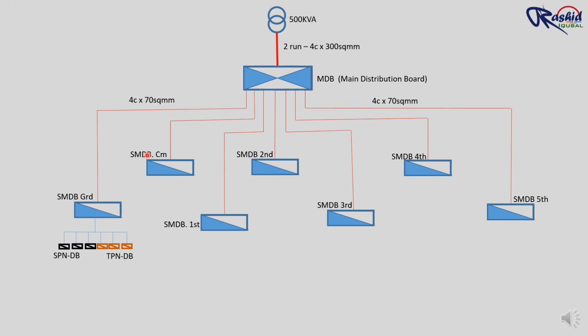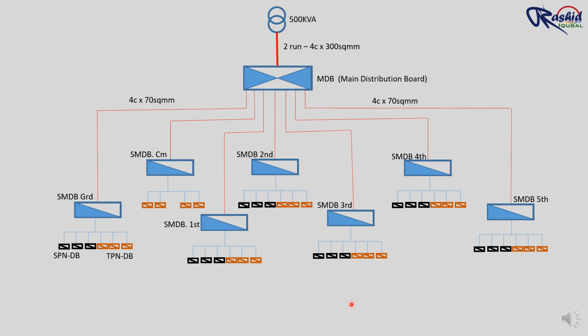The common utility SMDB supplies power to lift DB, motor DB, lighting DB, etc. Similarly, all SMDB are connected to the representative flat DBs. This structure ensures a clear and efficient power distribution throughout the building.